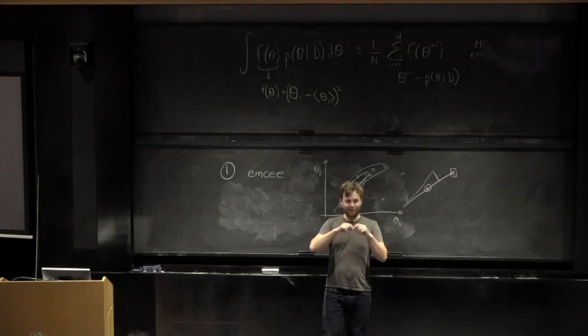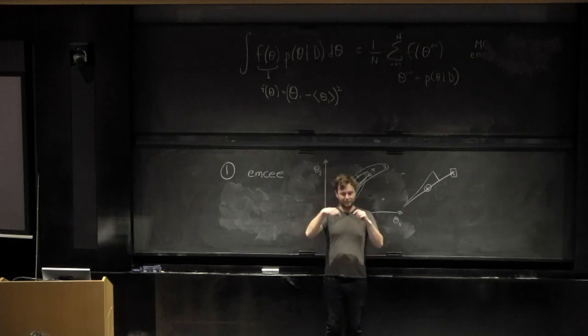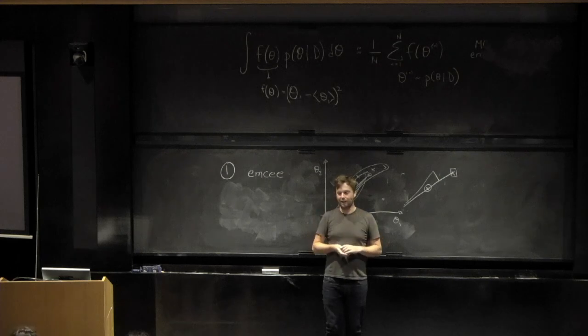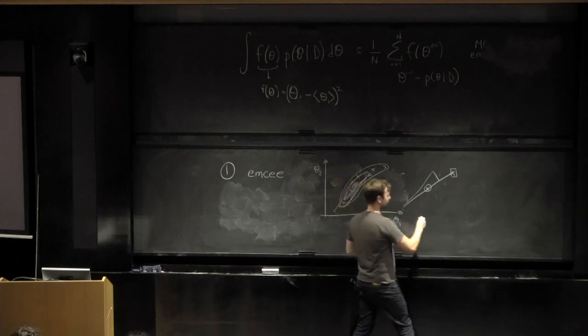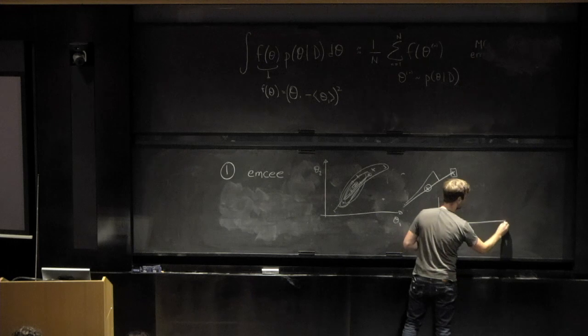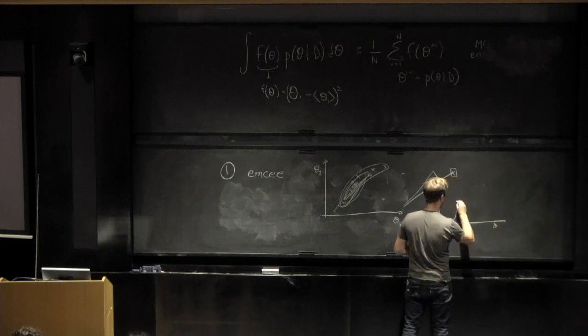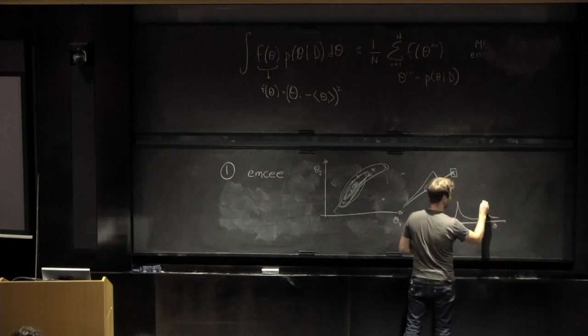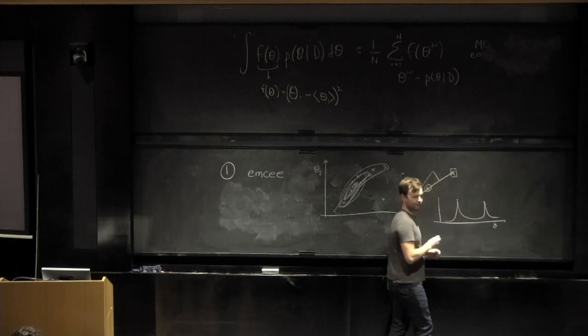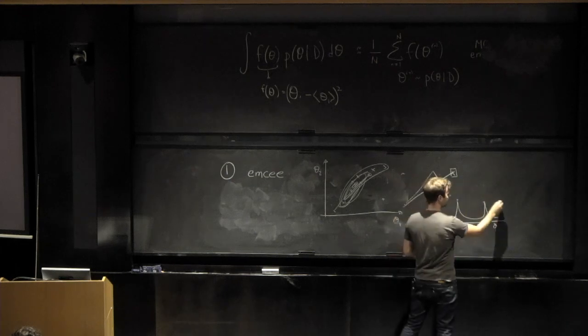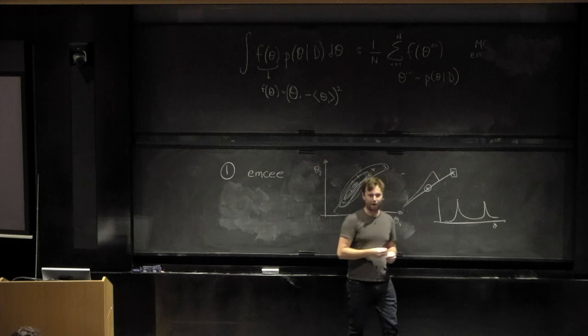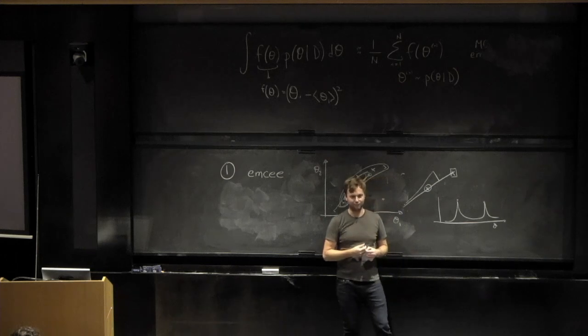Because you're still doing an accept-reject step that is similar to the Metropolis-Hastings accept-reject. So if we have a 1D posterior that kind of looks like this, and our one walker is here and our other walker is over here, your proposal is mostly going to be in regions that are very low probability, so you're not going to accept them.